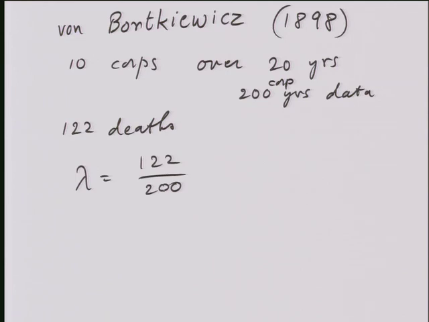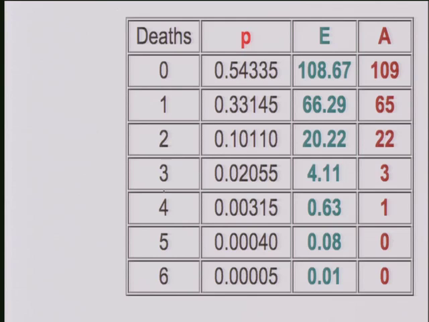Here are the probabilities of 0, 1, 2, 3, 4, 5, 6 deaths per corps per year. It's 0.54, 0.33, 0.1, etc. Now let's figure out how closely it matches the actual data.